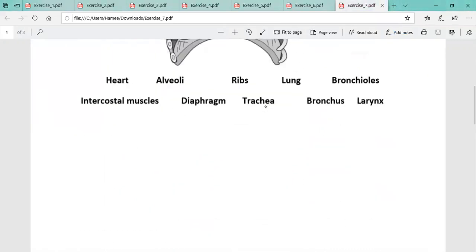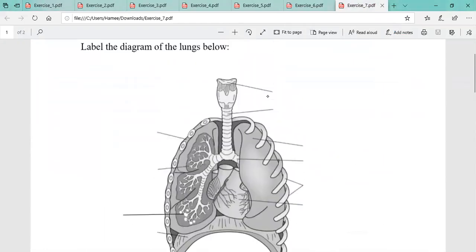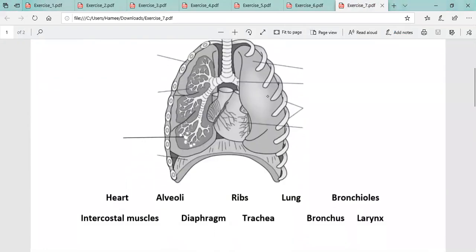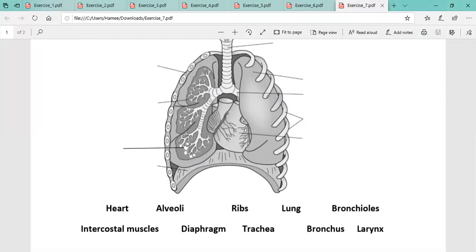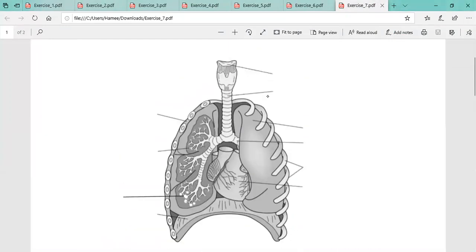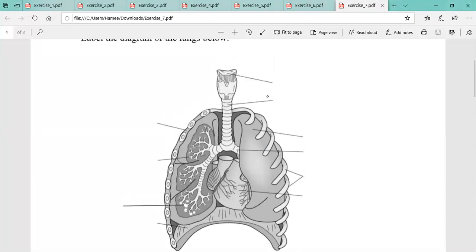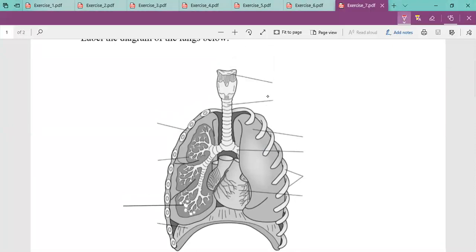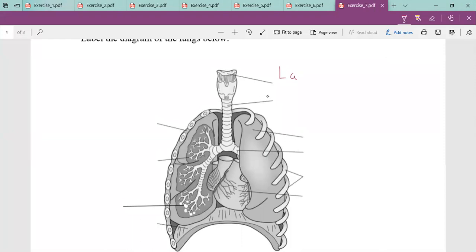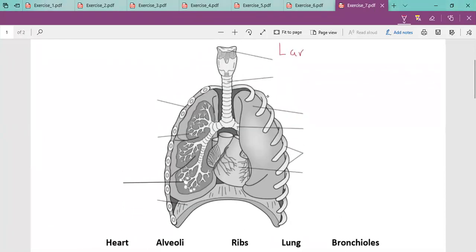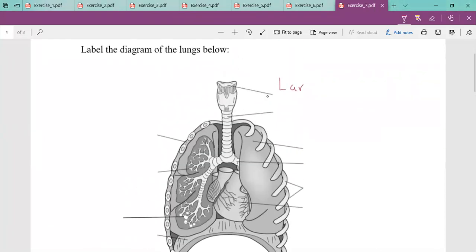Now you've got some names here. Taking a look at these, the one on the top is going to be the larynx. This is the larynx, L-A-R-Y-N-X.